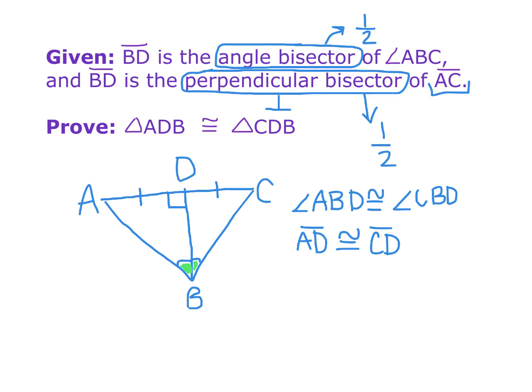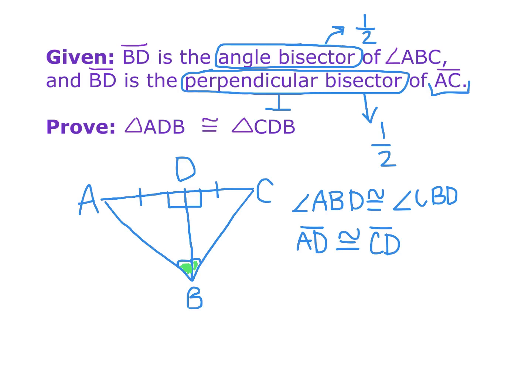And then we can also say that, because I have a 90-degree angle, the angle adjacent to it, right next to it, would also be 90 degrees. They're supplementary since they're on the same line.